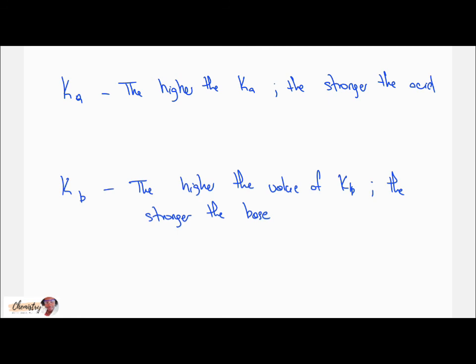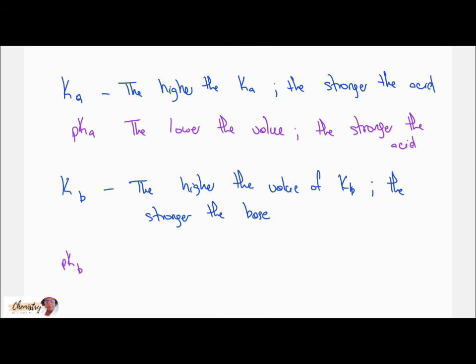So two other terms that you should be familiar with are pKa and pKb. If we find the negative log of Ka, we get our pKa, and the lower that value is, the stronger the acid is. And the exact same applies for pKb.